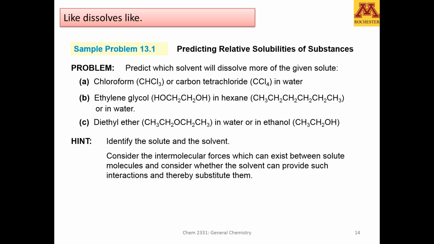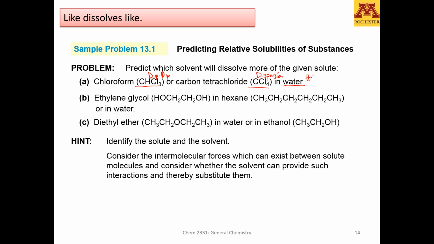Okay, so let's see if we understand this like dissolves like principle by solving a problem. It's asking us to predict which solvent will dissolve more of the given solute. The solvent is water, and it's asking if water will dissolve better chloroform or carbon tetrachloride. If you draw the Lewis structure of chloroform, this has a dipole-dipole interaction. And this one is nonpolar, therefore you only have dispersion.